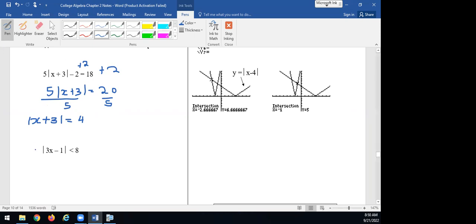So now what are we going to have now? What are the two possibilities now? x plus 3 equals 4 and x plus 3 equals -4. Who said that? Very, very good. x plus 3 equal to 4, or we have x plus 3 equal to -4. Now go ahead and solve both sides for x and tell me what you get.